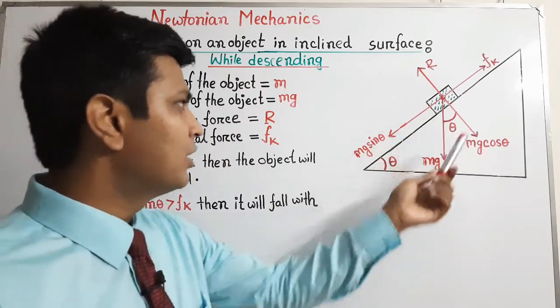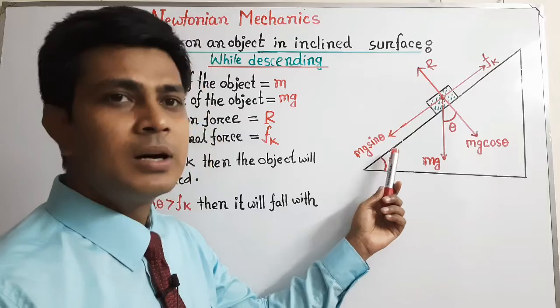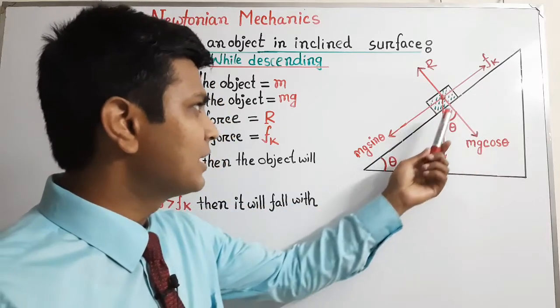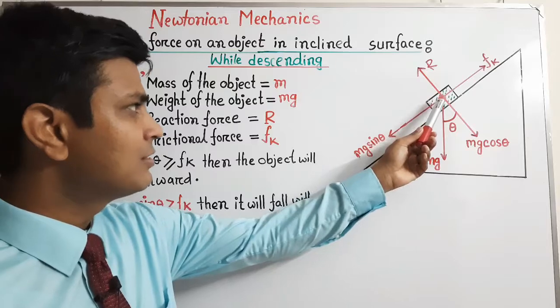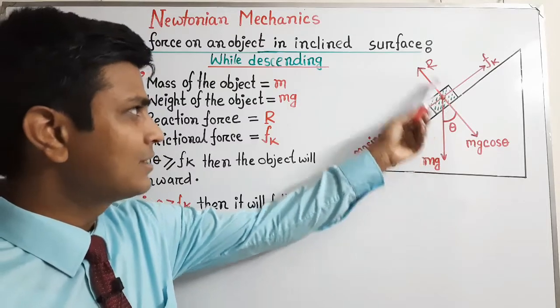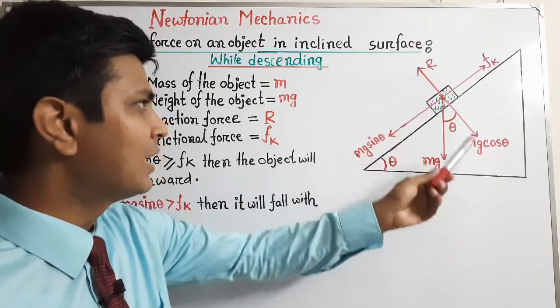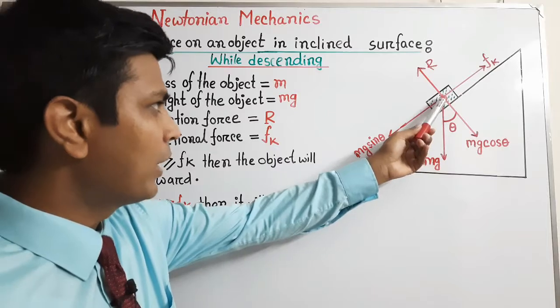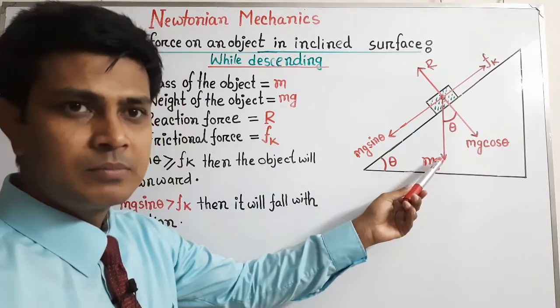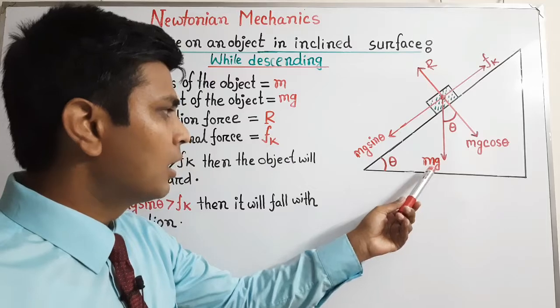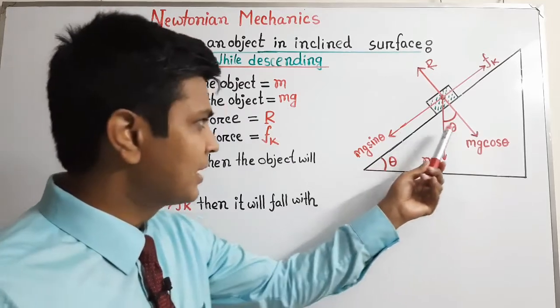In that figure you can see this is the inclined surface and an object whose mass is m and weight is mg. Reaction force of that object, which acts in the upward direction, is R, and weight of the body, which acts downwards towards the earth, is mg.